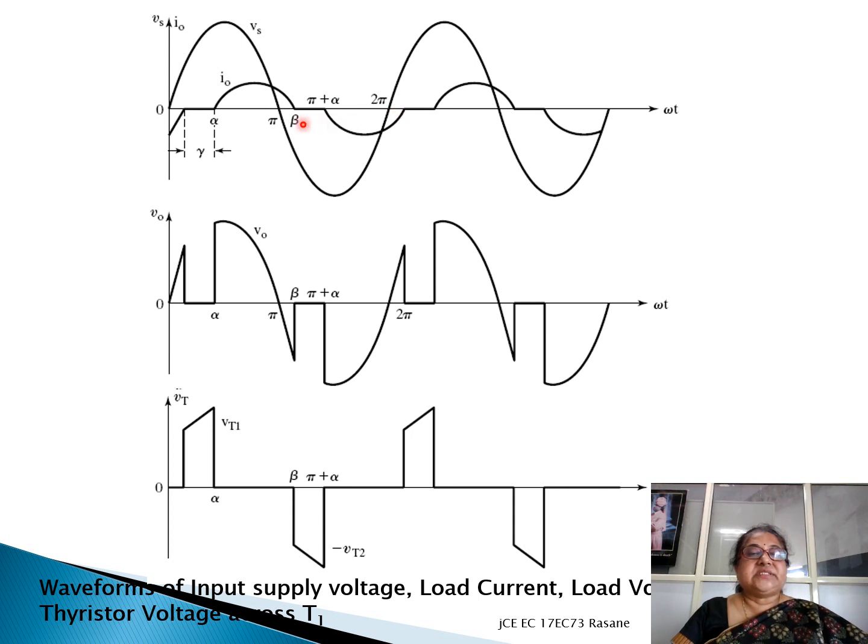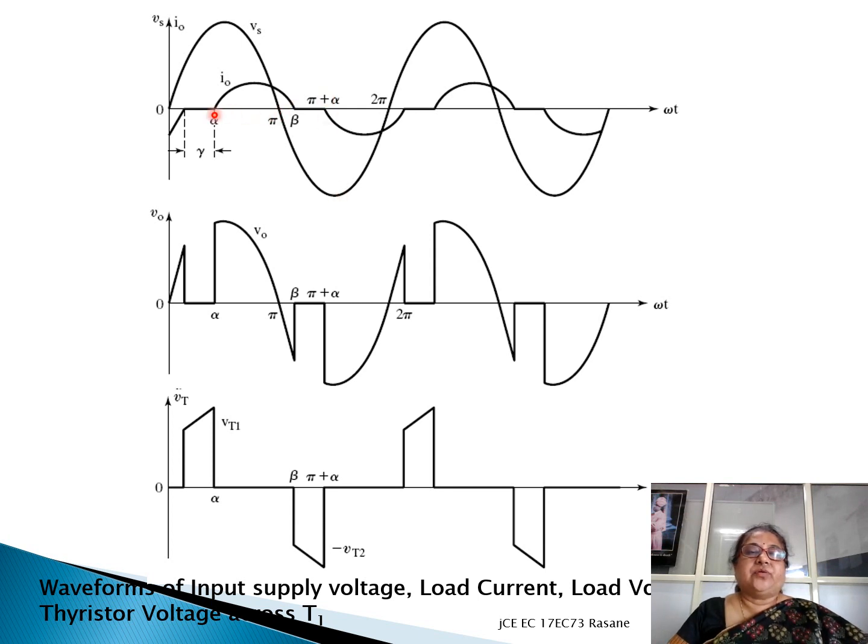So since beta is less than pi plus alpha, you get a region where the load current is 0. Here you have a load current, here it is 0, again you have a load current, again it is 0. Such load currents are called discontinuous load current, and that happens when alpha is greater than phi, as I have said, or when the load inductance is quite small.